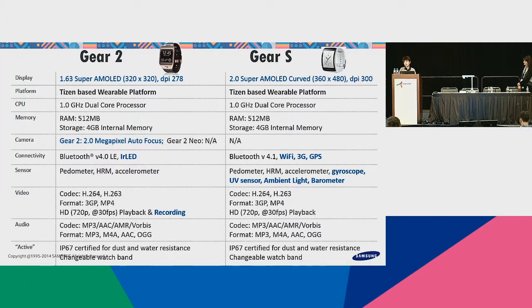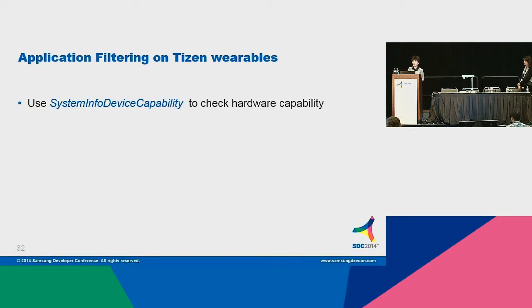So in your code base, if you want to differentiate which device you're using, you can use our system info capability calls. It can help you check hardware specs, for example, if GPS is supported on your wearable or if Wi-Fi is supported.